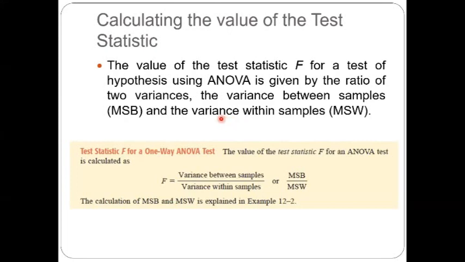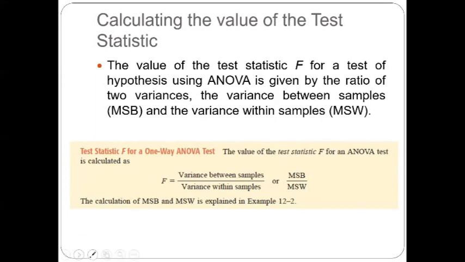So we have the variance within the sample. So for the test of statistics F, for a one-way ANOVA test, ito yung mismo magiging formula natin for the F distribution natin. We have yung variance between samples and the variance within samples, or we can categorize it as MSB over the MSW. Okay?